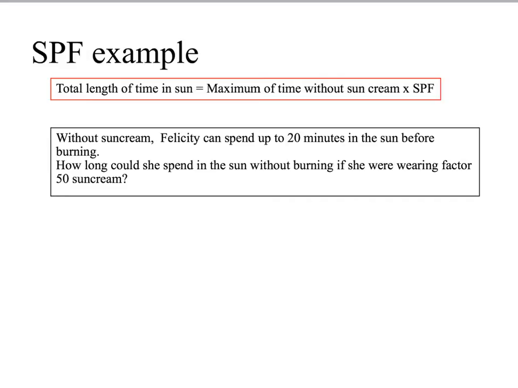So to work that out, we would say that the time is the maximum length of time without sun cream, which is 20 minutes, multiplied by the sun protection factor, which is 50 in this case.